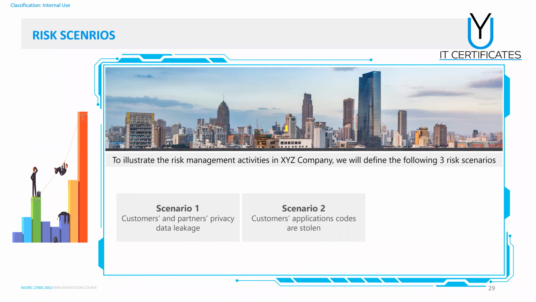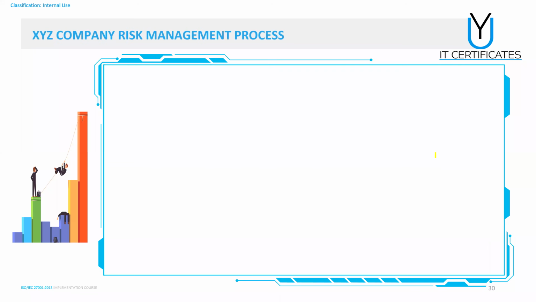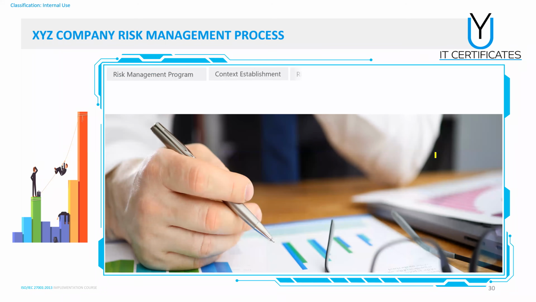Now these codes are stolen. Third scenario, the XYZ company website is out of service due to a distributed denial of service. These are the scenarios over which we want to implement the risk management program.